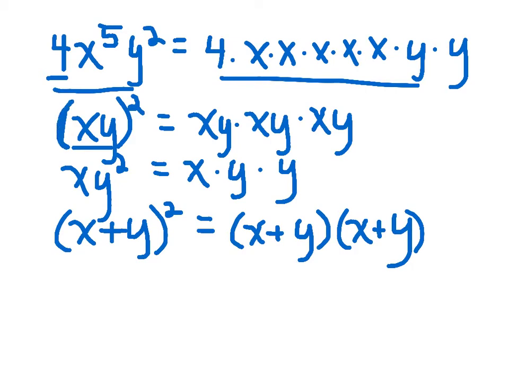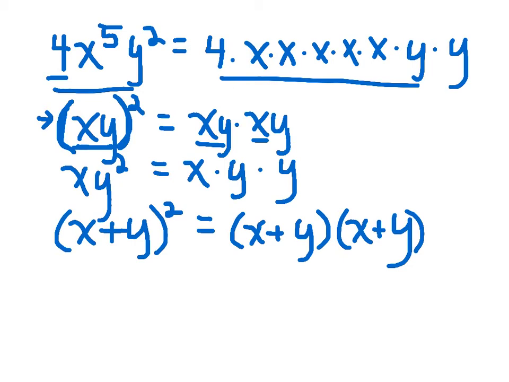These parentheses in this problem mean that it is this entire quantity that is being raised to the second power. So it will be xy times, oops, glad I was going back over. Clearly I make mistakes. So xy squared just means xy times xy.